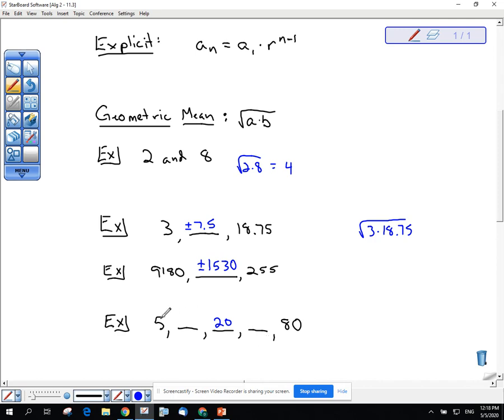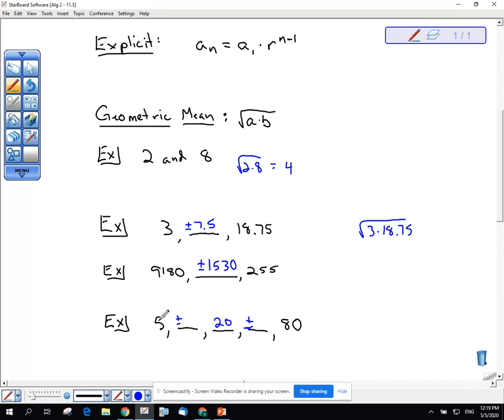And then I can look at just the first half, 5 blank 20, to find this number. And by the way, that 20 is not going to have a possibility of being negative, right? It's not ever going to go positive something negative something positive. It could simply go positive, positive, positive, positive, positive, or positive, negative, positive, negative, positive. So this one should be plus or minus.